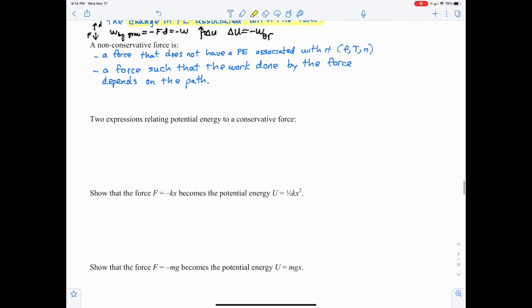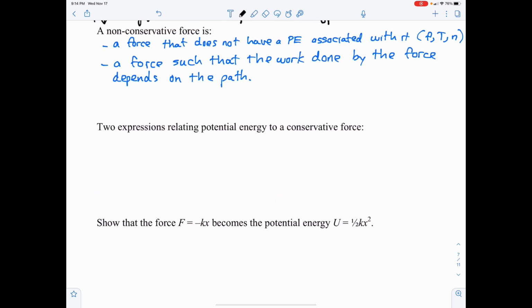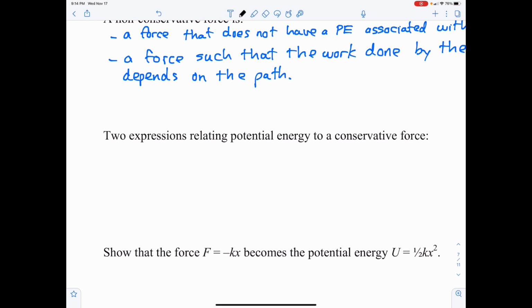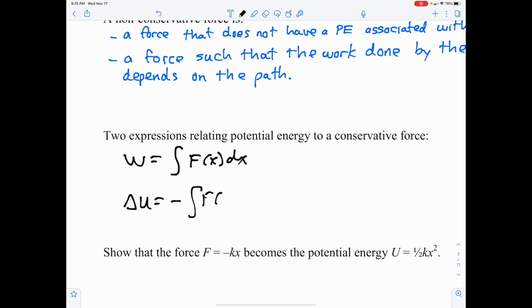Two expressions for relating potential energy to a conservative force. Well, if work equals the integral of F of x dx, then that means the potential energy is equal to the negative integral of F of x dx, where F is a force, because we established that work is equal to the negative change in potential energy, at least for a conservative force.